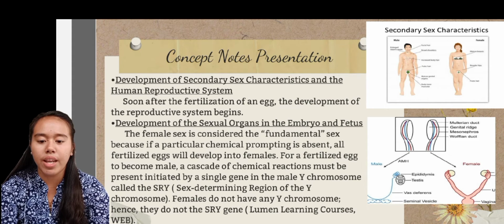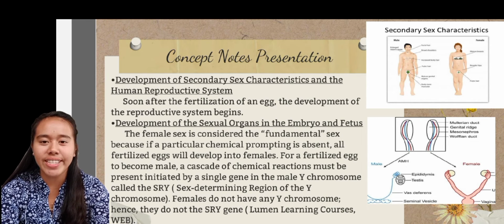For a fertilized egg to become male, a cascade of chemical reactions must be present, initiated by a single gene in the male chromosome called the SRY, or sex-determining region of the Y chromosome. Females do not have any Y chromosome, hence they do not have the SRY gene.